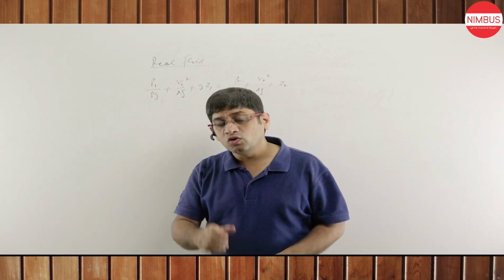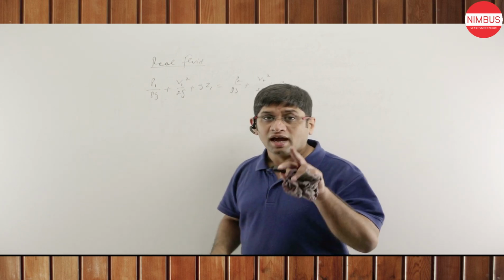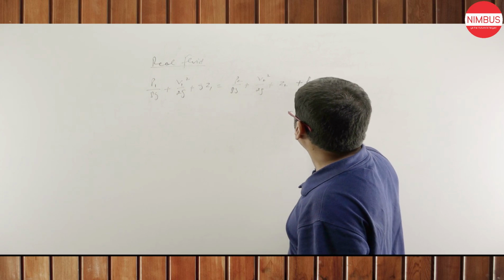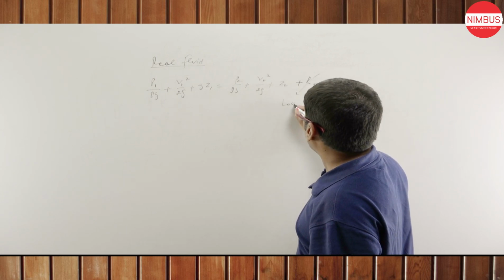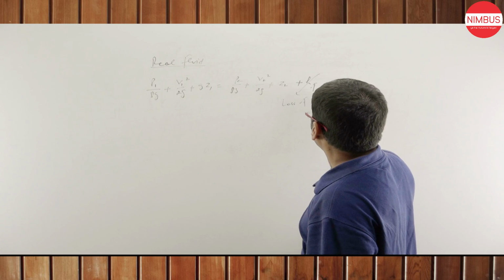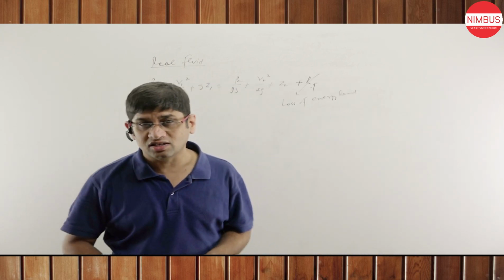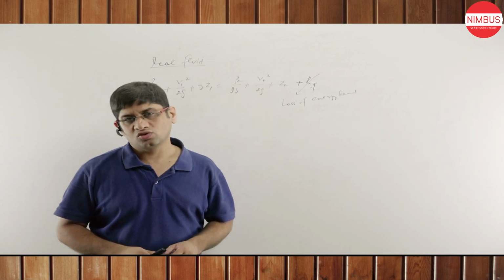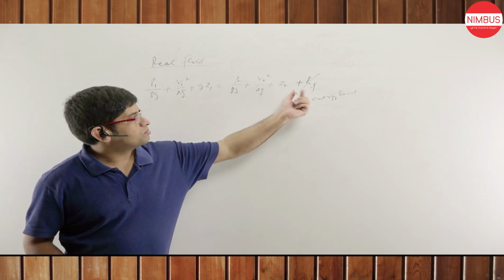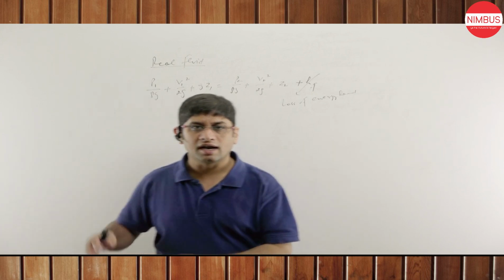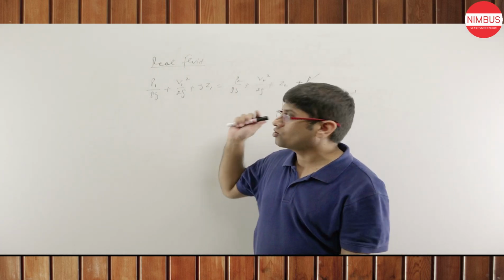But in a real fluid there will certainly be energy loss, and that is always calculated in the form of loss of energy head. This loss of energy head is because of fluid friction, viscosity, etc. There can be other minor losses also which we'll study later on. So if we write the Bernoulli equation for a real fluid, this is how you have to write it.